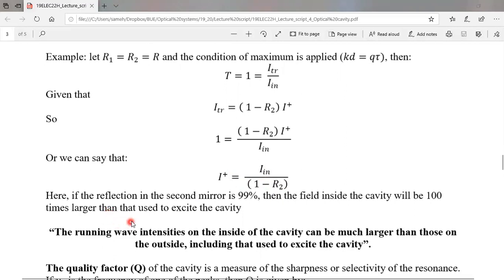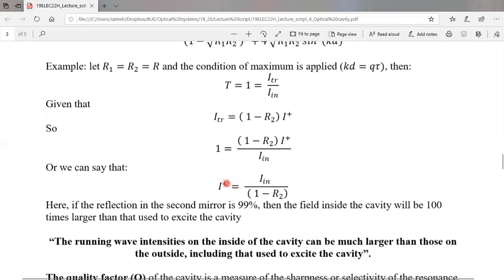That means that the running wave inside the cavity can be much larger than the outside, including the used exciting cavity. I mean here that the light propagating inside the cavity is 100 times the incident. So you can simply have an intensity of, for example, 5 photons per meter square incident, and you can have a propagating field which is 500 photons per meter inside.